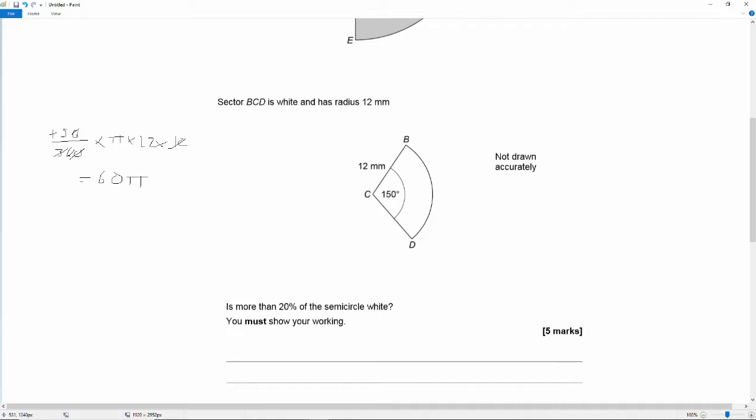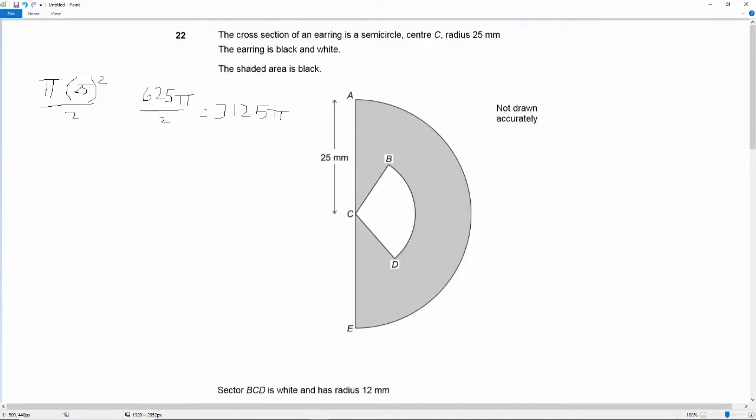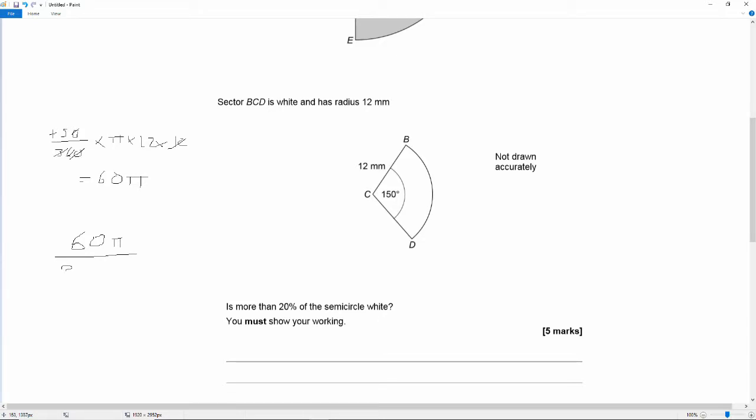So what percentage? This 60 pi is the area of the sector out of a total for the semicircle of 312.5 pi. Obviously the pi's cancel, which leaves us with 60 over 312.5. For this I'm just going to grab my calculator.